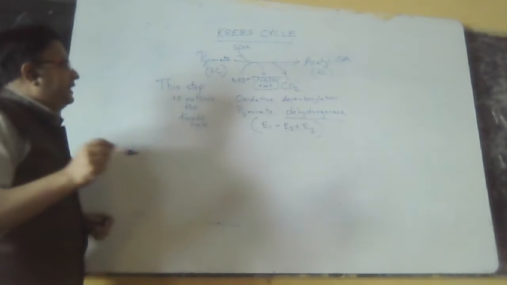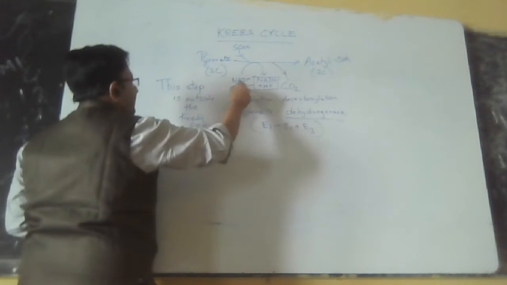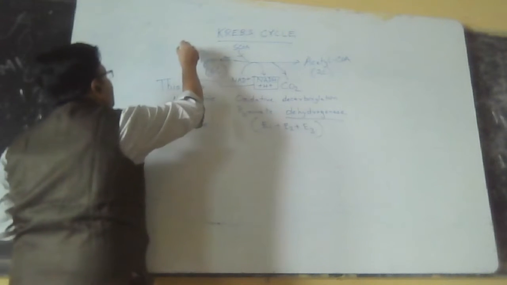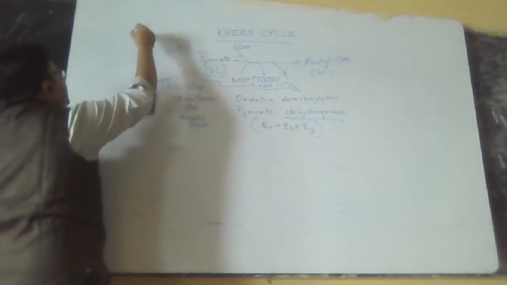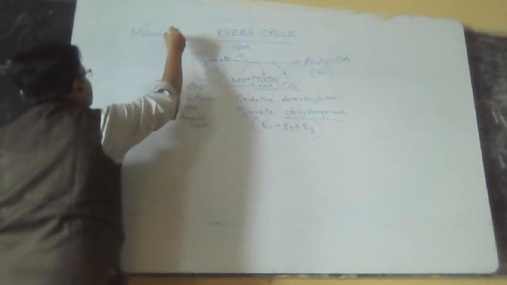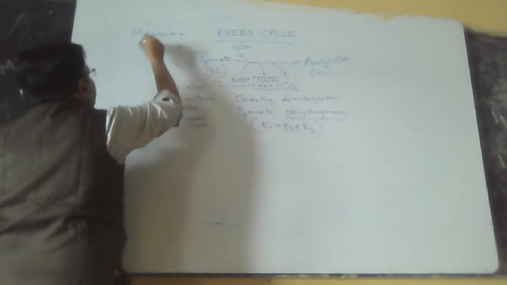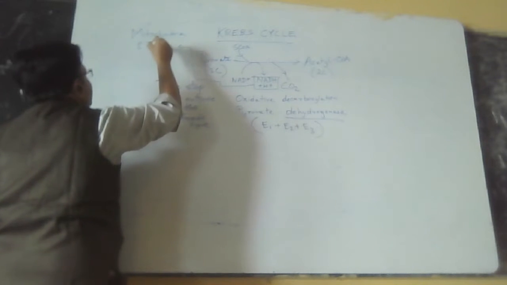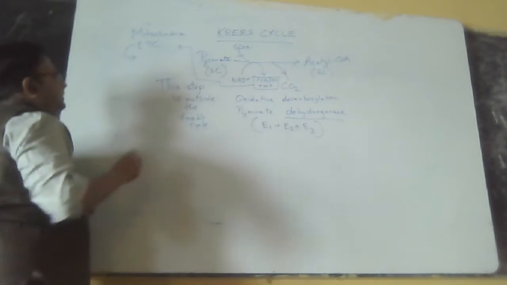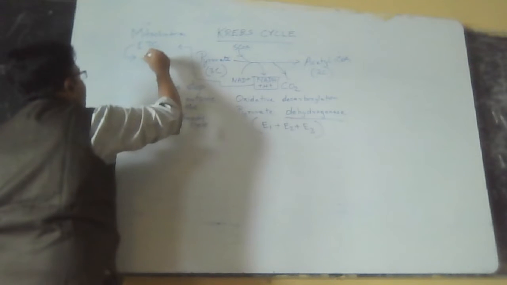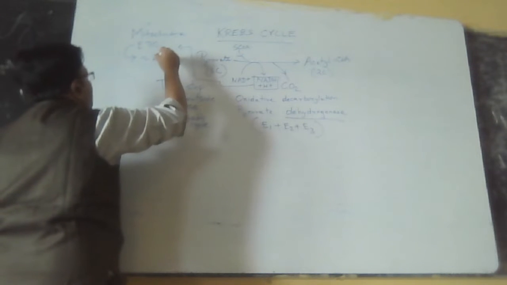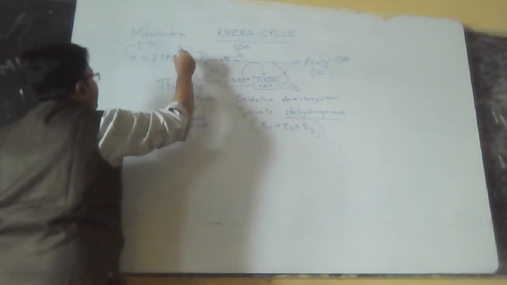This NADH plus H plus in the mitochondria, in the electron transport chain, will give rise to around 2.5 ATP molecules.